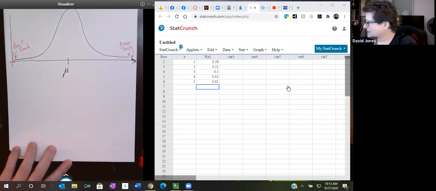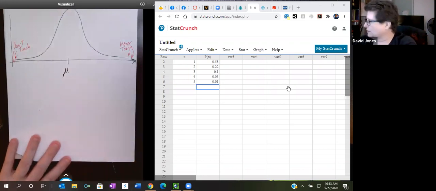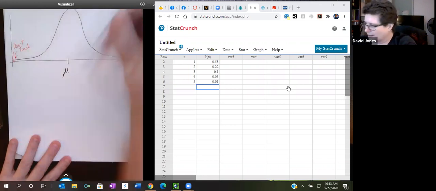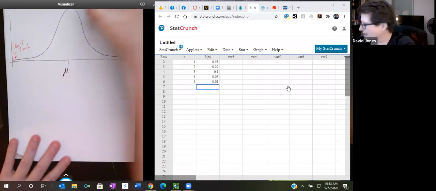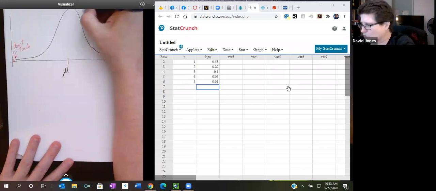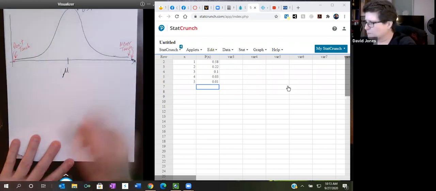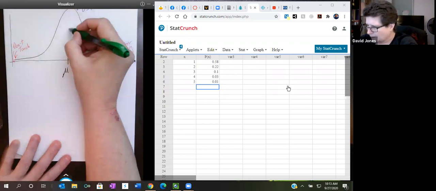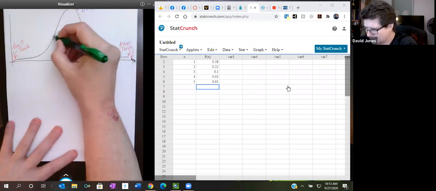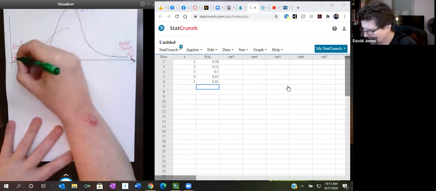Since the area under the curve has to equal 1, we might have something like this where, let's say the standard deviation is 1 and it's taller for this graph. But if the standard deviation gets bigger, it might get flatter in the middle, but it's taller at the ends.